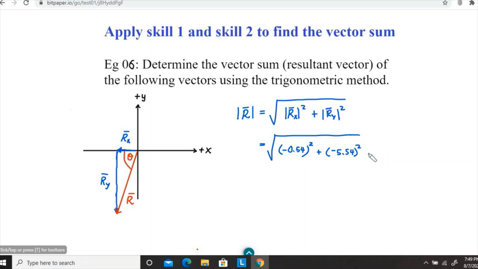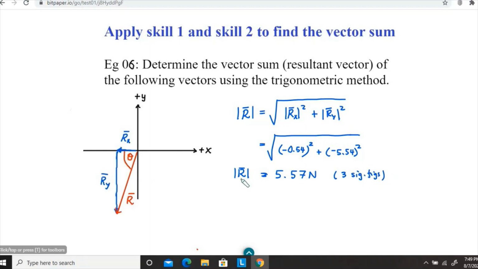If you do the calculation, you are going to get 5.57 Newtons as the magnitude of the resultant vector, and this is up to 3 significant figures.